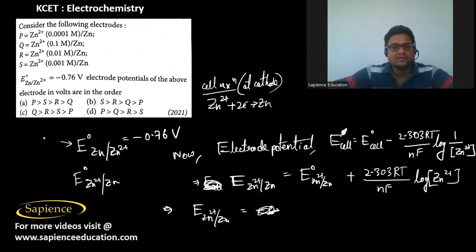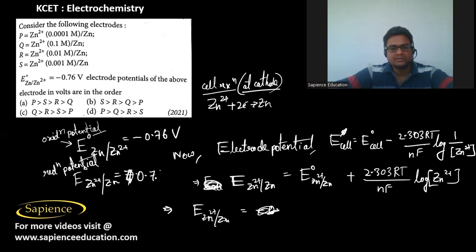this one is the oxidation potential, and since reduction is happening at the cathode, we need to use the reduction potential. Now the reduction potential is equal to the negative of the oxidation potential, means it is minus of minus 0.76, so it is plus 0.76 volt.